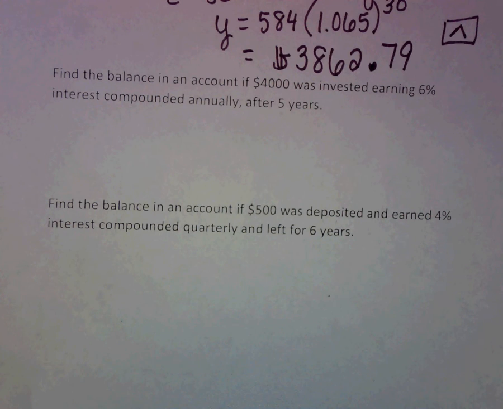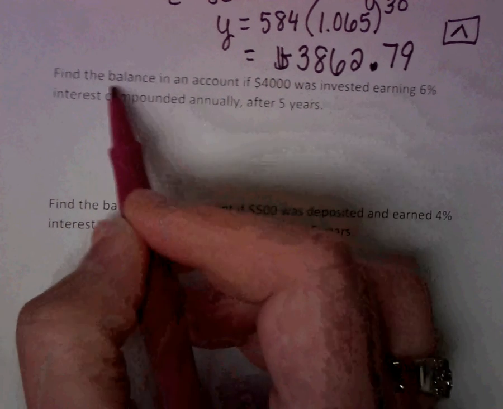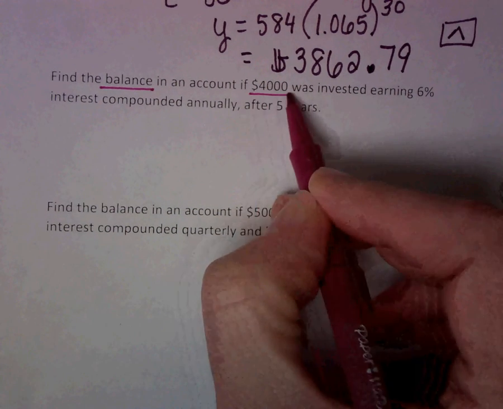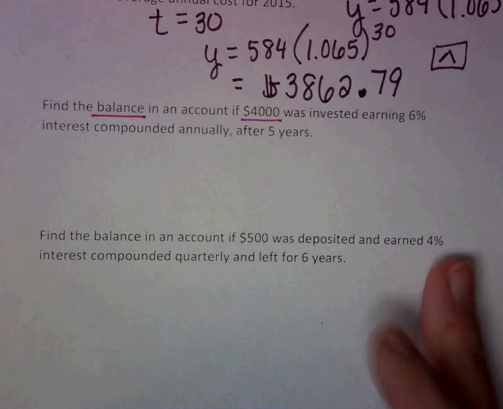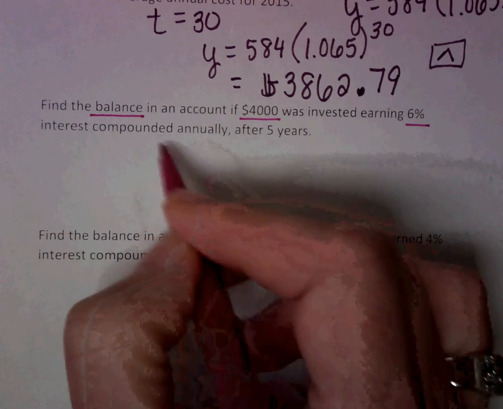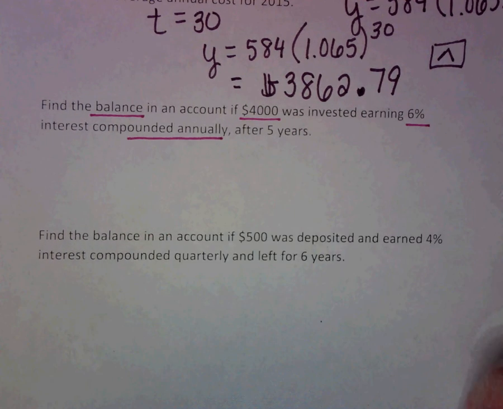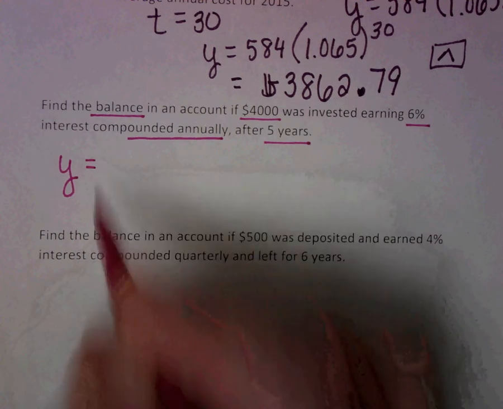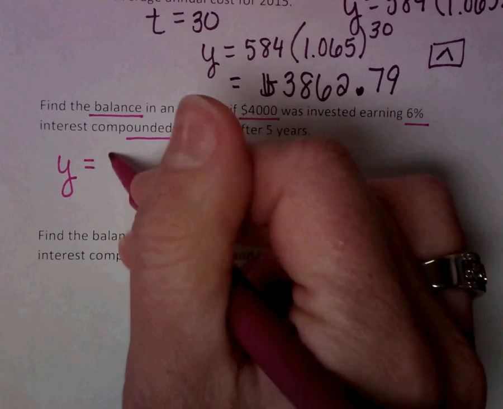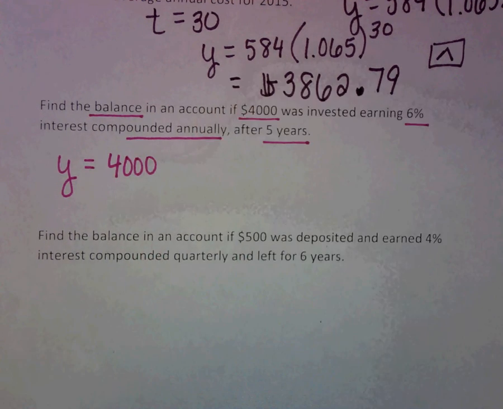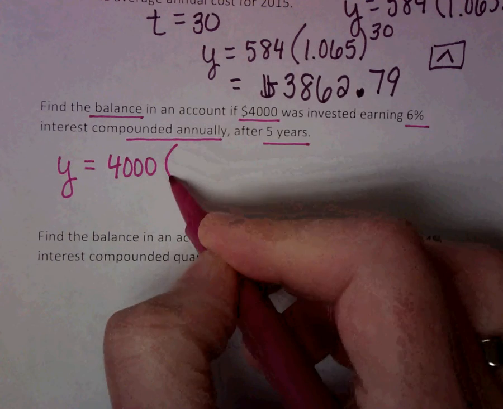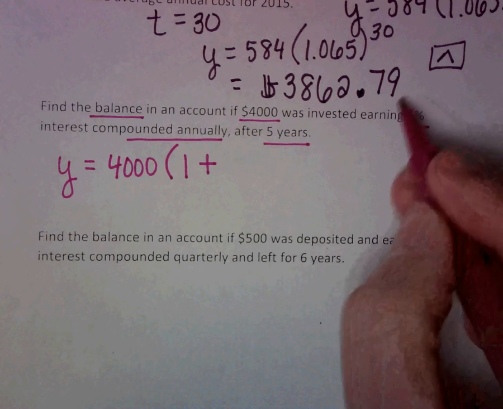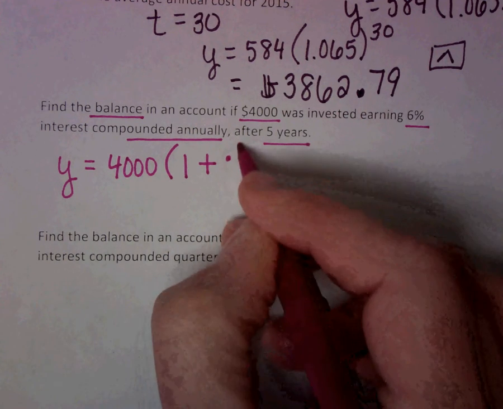Looking at this first example, it says find the balance, that's our y, in an account if 4,000 was invested, that's our P, earning 6% interest compounded annually after 5 years. So we're going to say y equals, our starting amount is 4,000 times 1 plus our rate is 6%, so we're going to put 0.06.